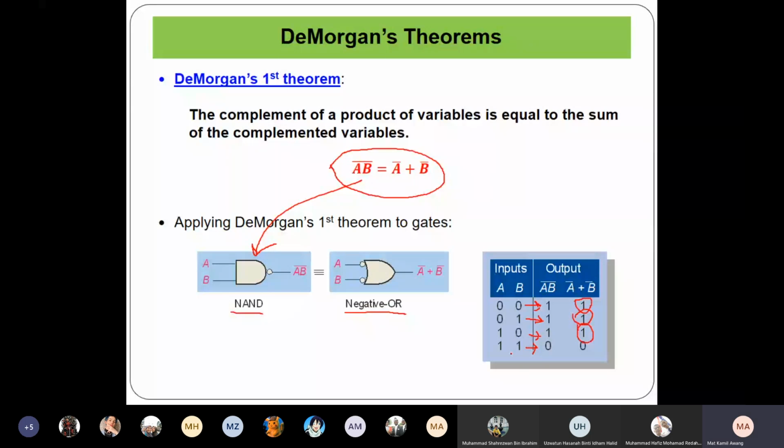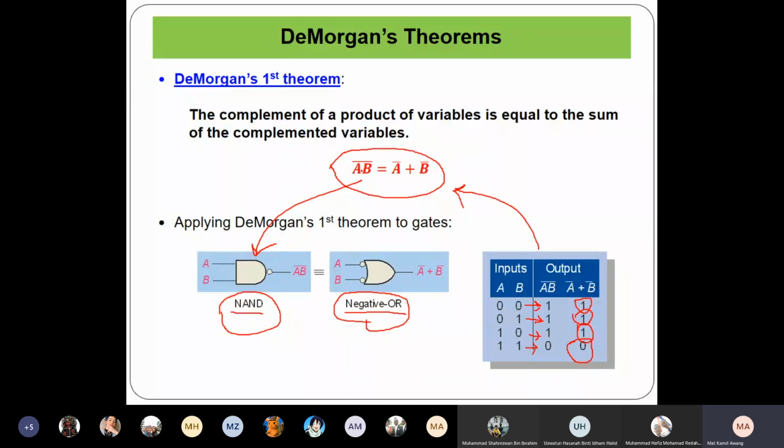For 1, 1: 1 not becomes 0, 1 not becomes 0, so 0 or 0 becomes 0. So from the truth table, you prove that the NAND is equivalent to negative OR. So that is the truth table for De Morgan's first theorem.